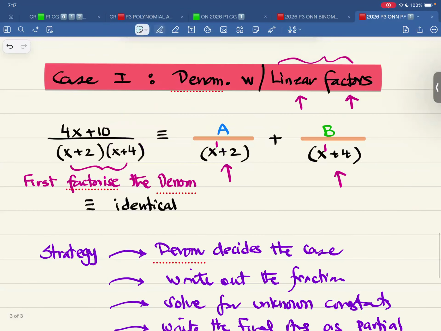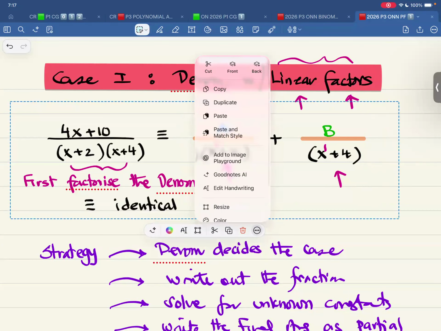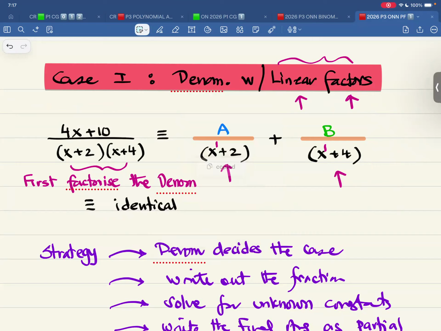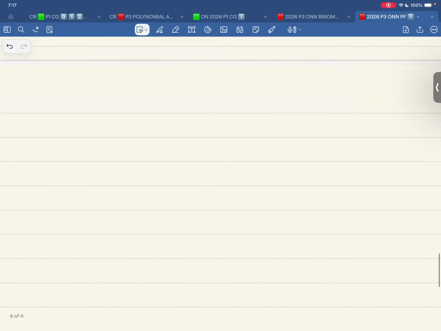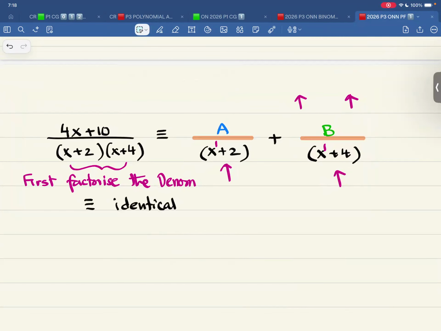So now let me just grab this thing. Hold for a second. And let me copy this thing. Let me take it to the next page. And now I want to solve it out. So let me remove this thing over here.